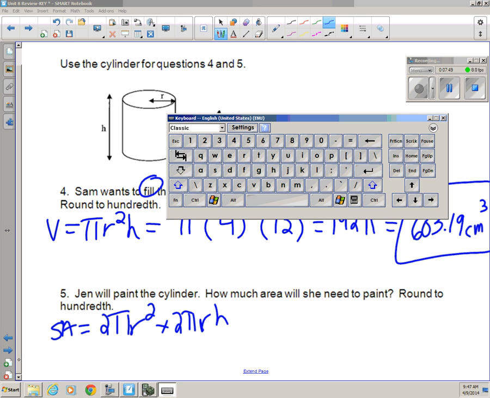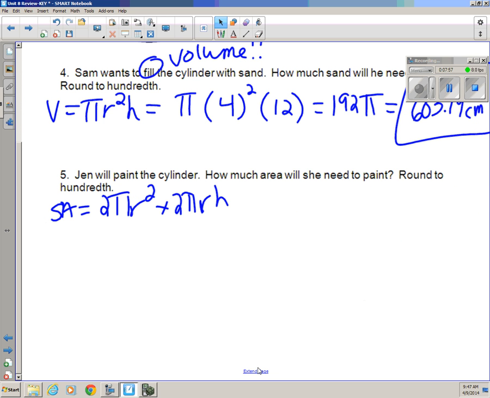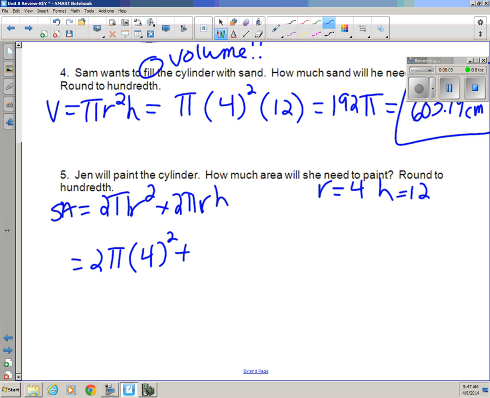I can't see my picture anymore, but I know what the things are. So the radius happens to be 4, and the height happens to be 12.